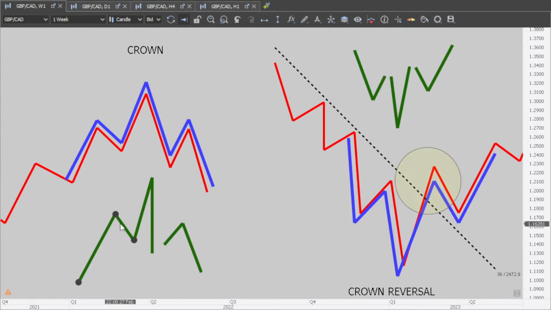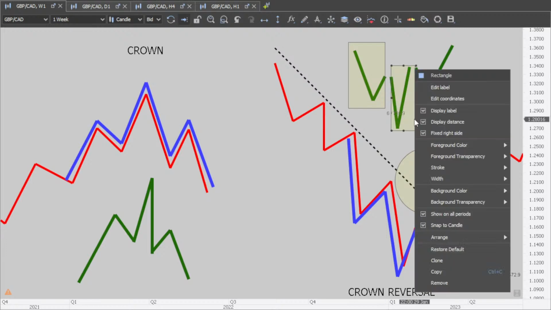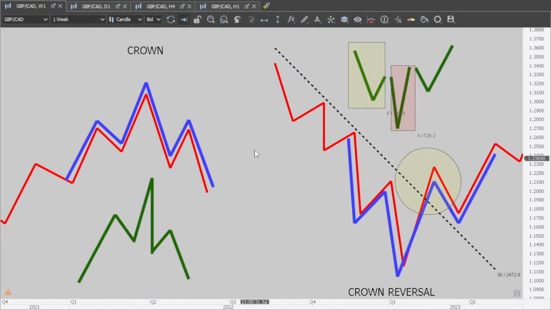Like in here, you are joining parts. Join this part, join this part, join this part, and you have a crown in here. So you have the left tip, you have the center tip, color coded differently, and you have the right tip.